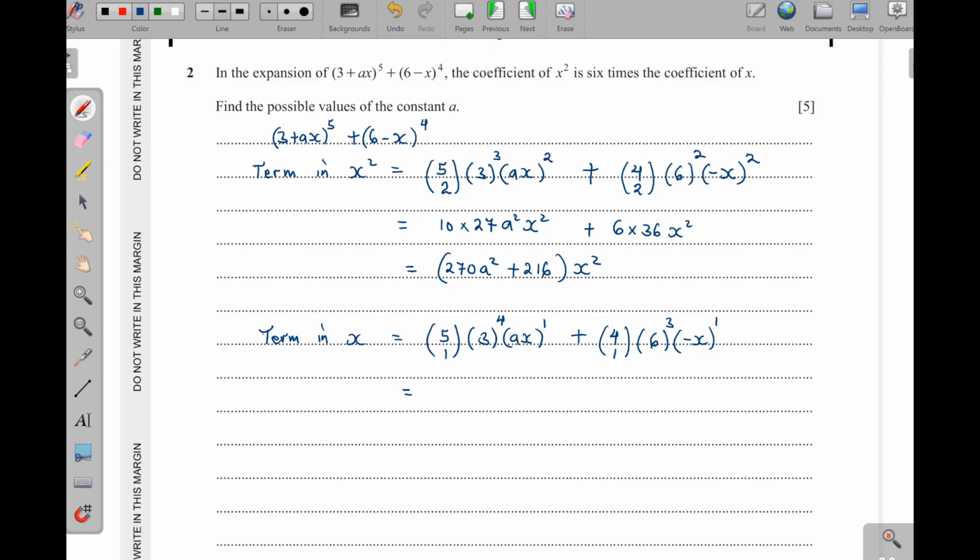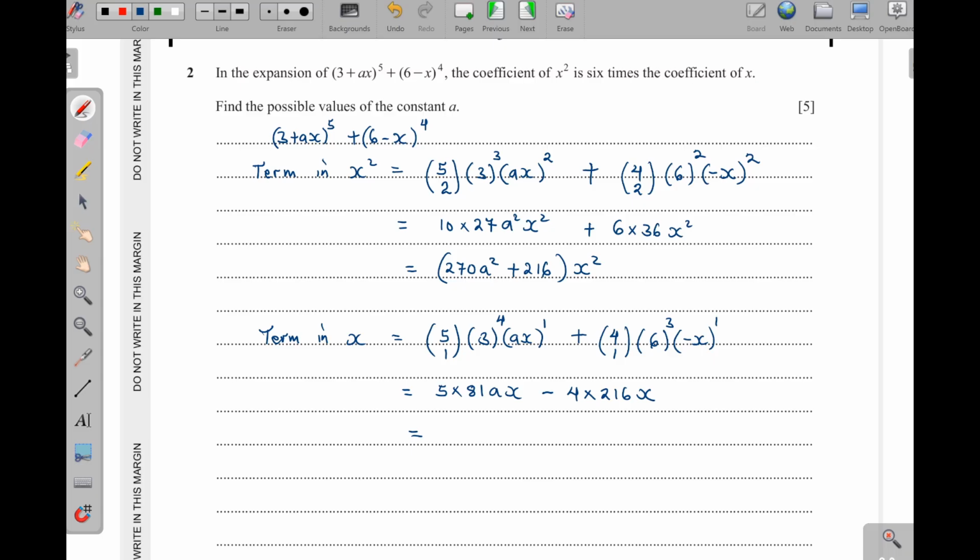So 5 combination 1 is a 5 times this one is going to be 81, then ax, and then plus this will be 4 times 6 cubed is 216. Okay, and with that x there being a negative, so this whole thing is going to be a minus. Okay, so meaning 5 times 80, that is 400, not so?